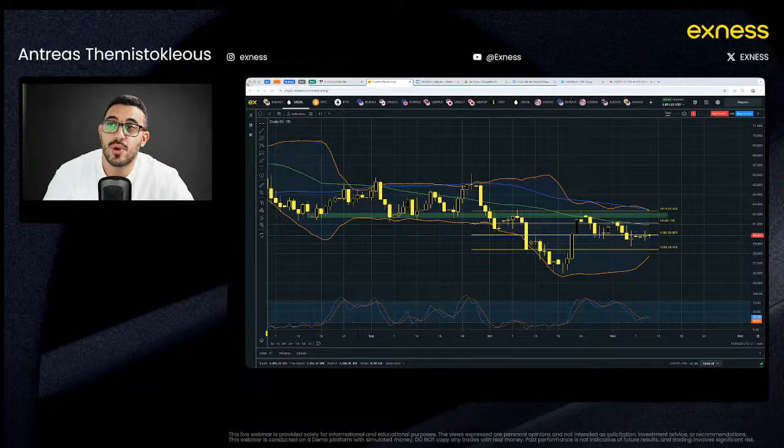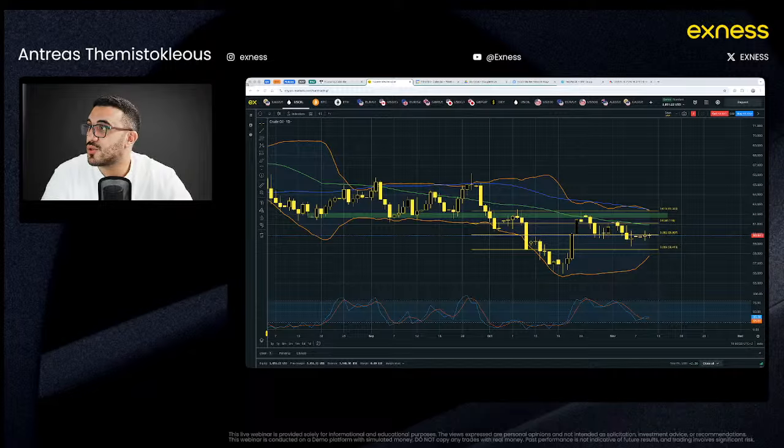I need the price to move below the area here of 105, below 105. One, because 105 is the psychological support of the round number, and we're human beings, we tend to react to round numbers.